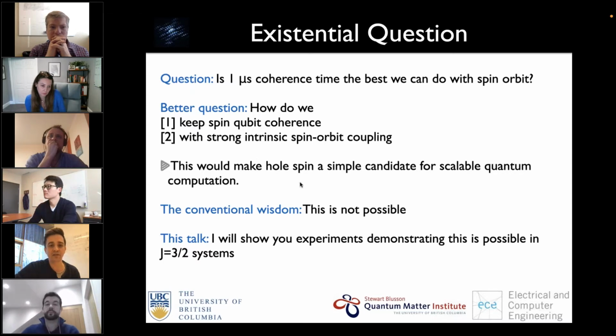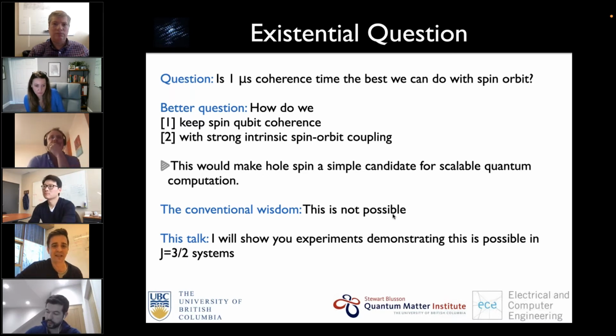What this would do if we use hole spins, which I'm going to talk about, the platform we are investigating in the work I'm presenting, is it would make this a simple candidate for scalable quantum computing. Unfortunately, the conventional wisdom is this is simply not possible to do because, well, I should have provided a reference here, but for example, Burmester's paper from 2014 with Dimi Kulsar.